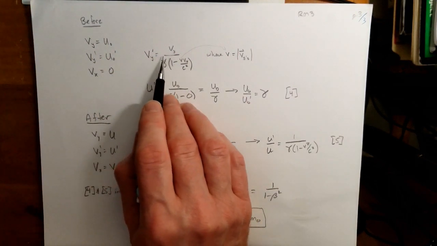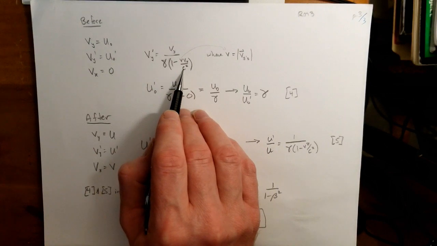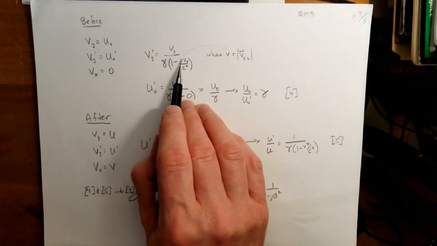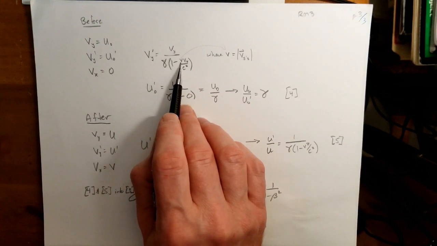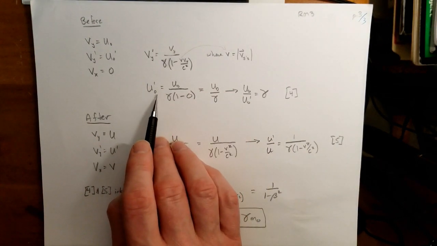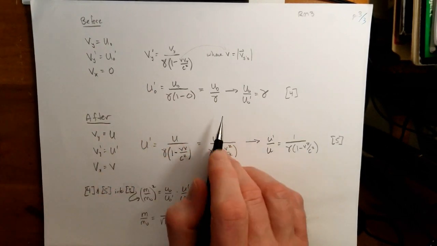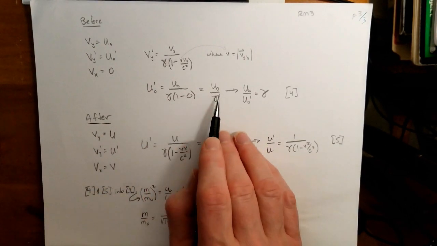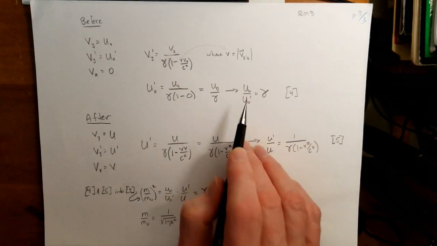But Vy prime is equal to Vy over gamma times 1 minus Vvx over c squared, where V here is the velocity of S prime with respect to S. And since it's perpendicular, u naught prime is just u naught over gamma times 1 minus 0. Again, refer to the other video. So u naught prime is equal to u naught over gamma, or gamma is u naught over u naught prime.